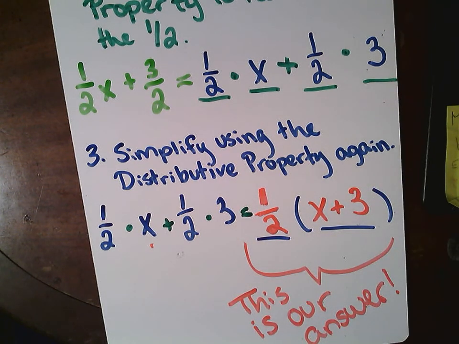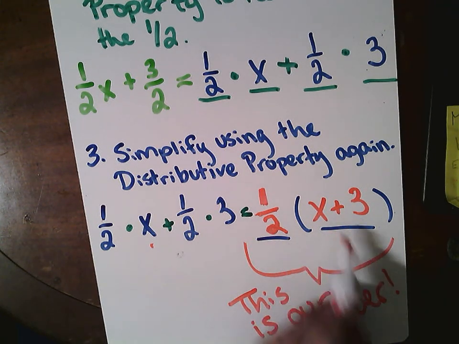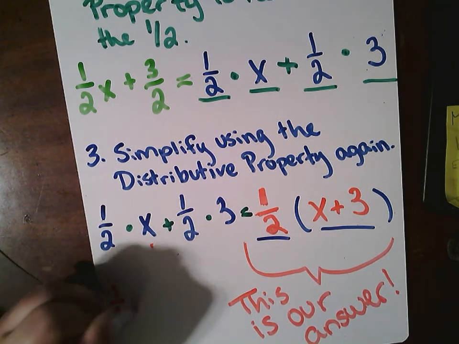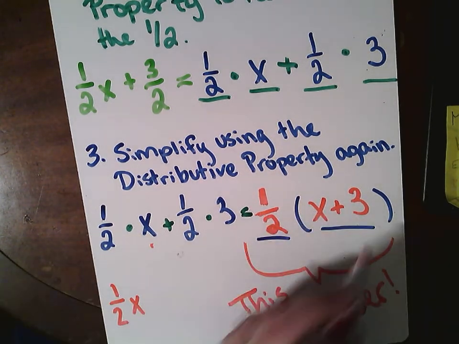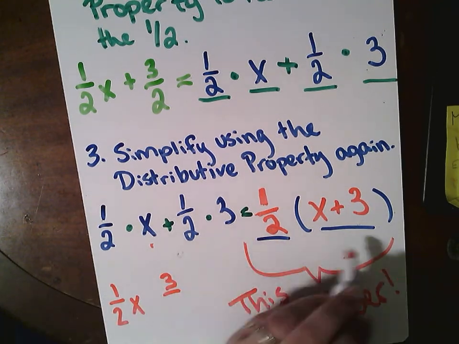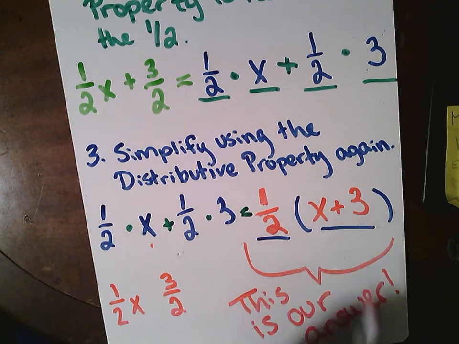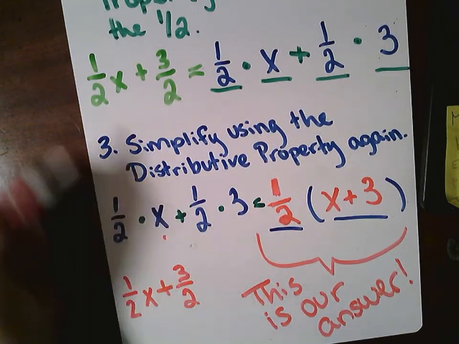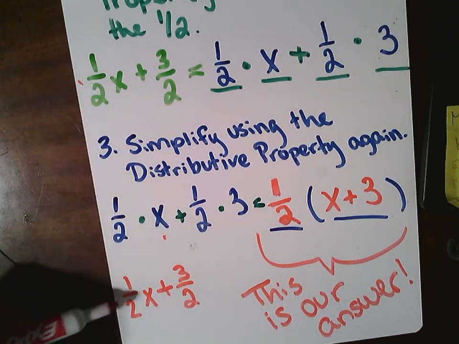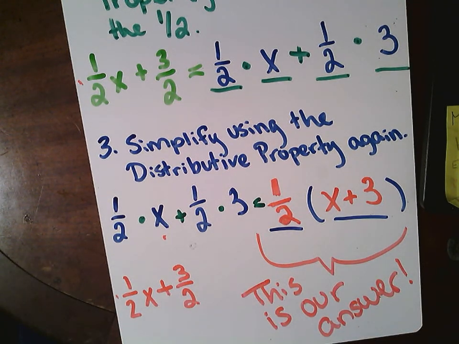Now if I were to distribute this out, I'd say 1/2 times x gives me 1/2 x. 1/2 times 3, that'd be 1 times 3 is 3 over 2 times 1 is 2. We're adding inside, so we'll add outside. And that gives us exactly what we started with: 1/2 x plus 3 over 2. We just wrote it differently, and that's all we're trying to do here, is rewrite the expression in a different way.